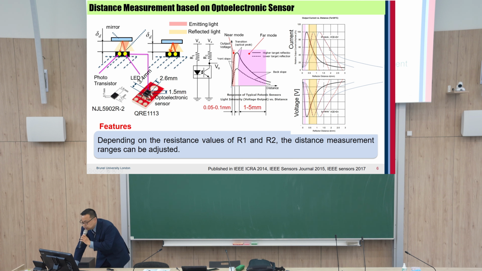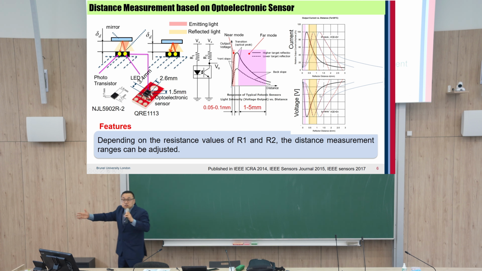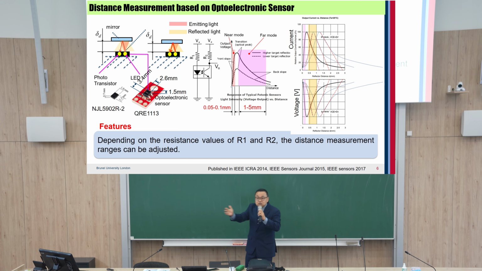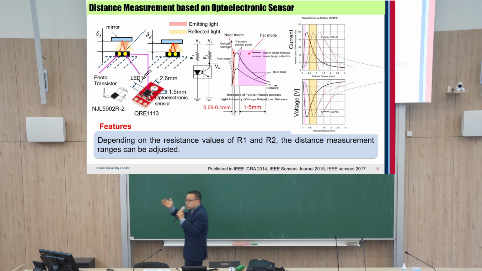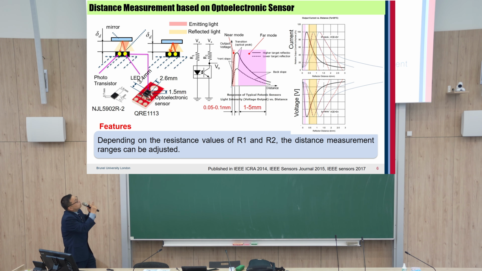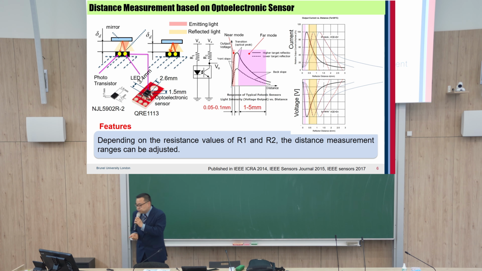Depending on this resistance value, R1, R2s and N, we can optimize the measurement range, making the measurement range very short, or we can make the measurement ranges larger. This is a very important parameter.